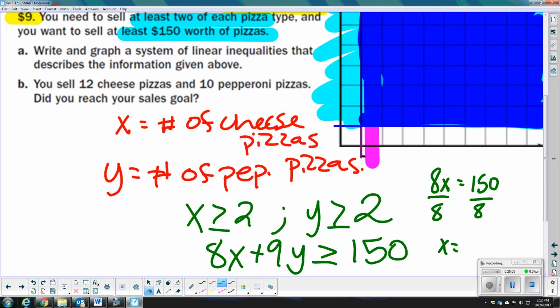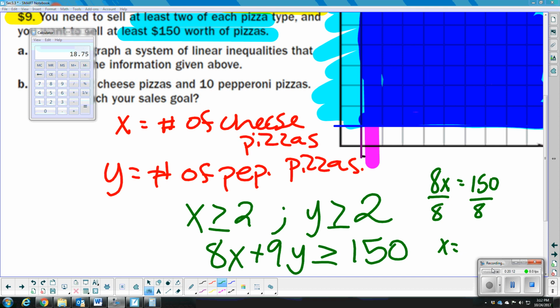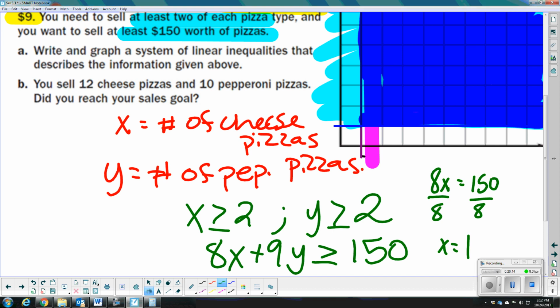And if I do that, I get an x-intercept of 18.75. So I'm going to graph that. I'll use a green line. So it's about here.